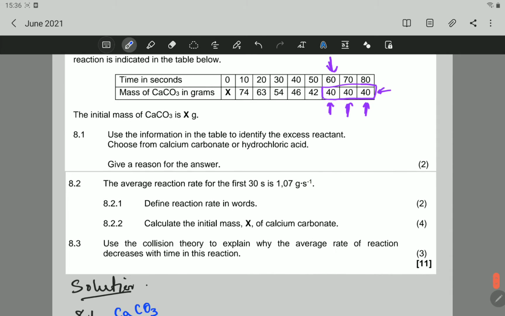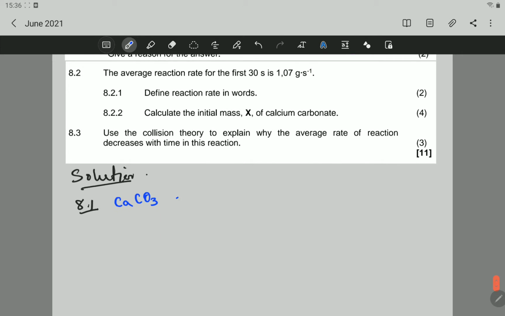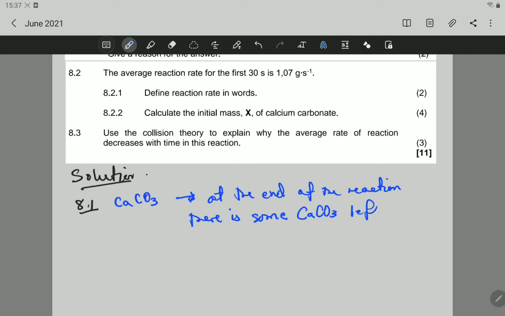The question said use information, give a reason for your answer to identify the excess reagent. This one, why? We have to say at the end of the reaction, there is some CaCO3, calcium carbonate, left.